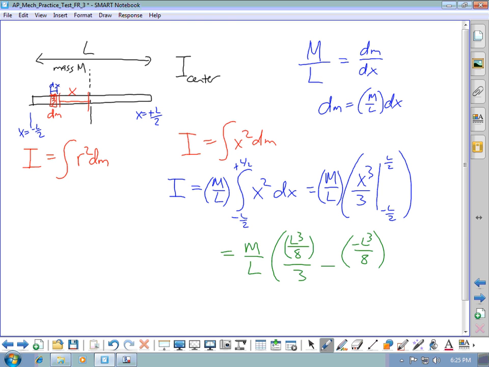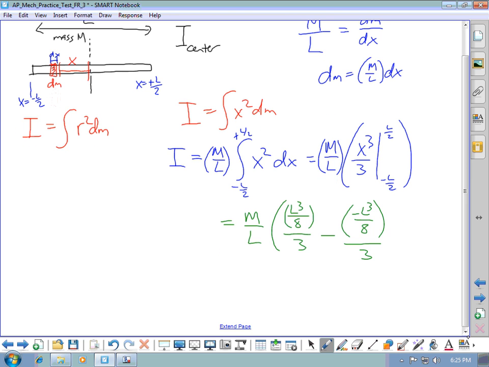Again, when you cube a negative number, it's still negative, divided by 3. So that's m over L, and this is L cubed over 24 minus negative L cubed over 24.